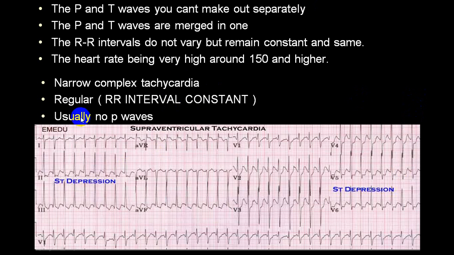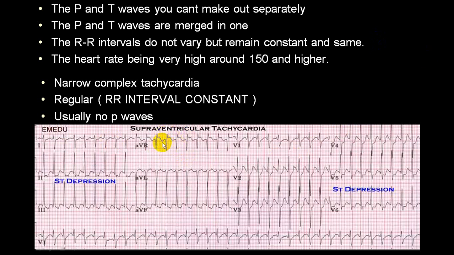Now if you see here, I can't make out P wave. Rate is tachycardia. All QRS complexes are narrow. I don't see P wave preceding the QRS complex. It is extremely difficult to identify. This is a T wave. This is all T wave. I can't differentiate T and P, so I can't identify the P wave. But as the rate is more than 100 per minute, this is nearly 200.